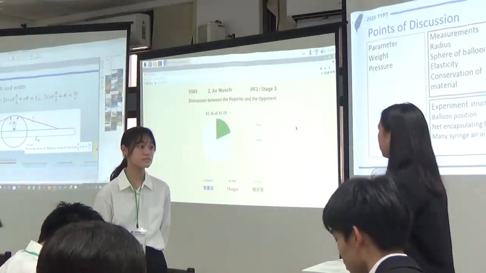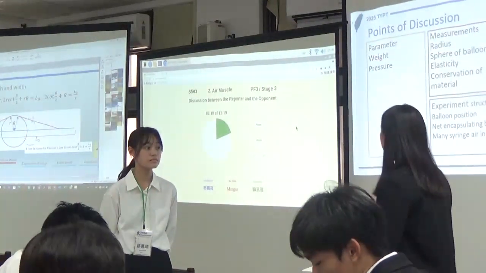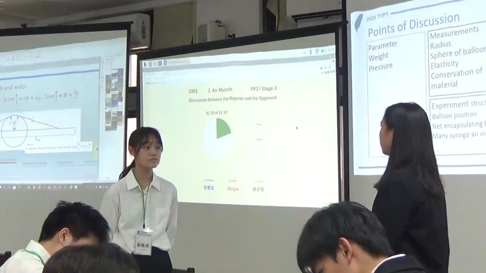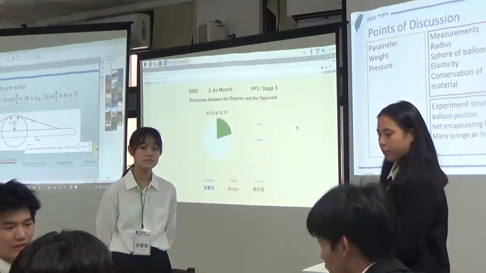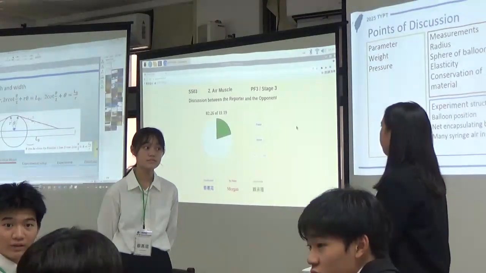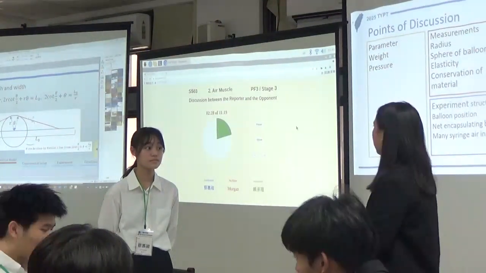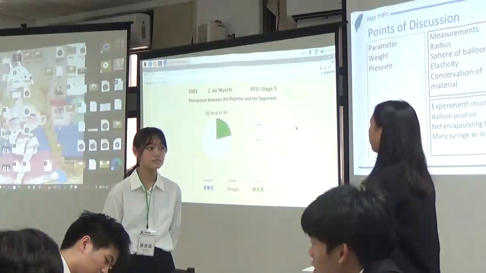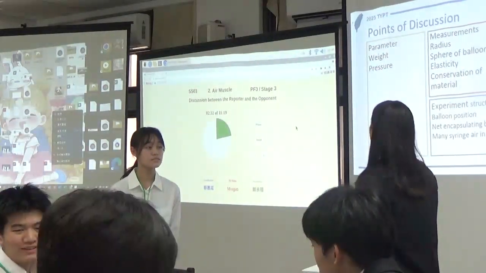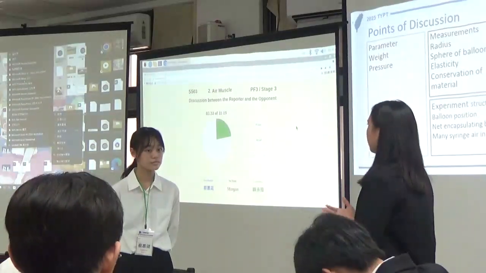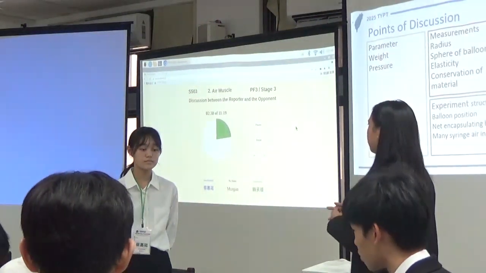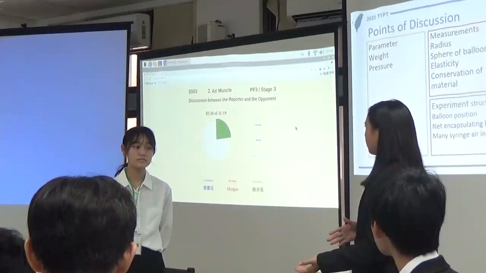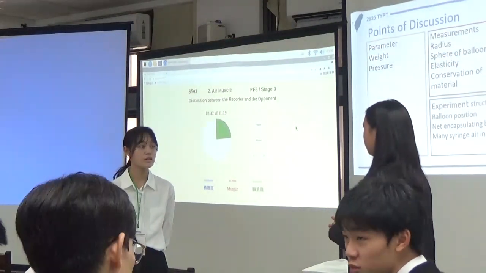Also, the elasticity of the balloon. You did mention in your concluding slides how the elasticity affects your relevant parameters. However, I think the elasticity contributes more than just a one-sentence conclusion, or any measurement that you could have done, such as changing the balloon or measuring its elasticity with respect to different balloon types. Do you have your opinions on this matter?